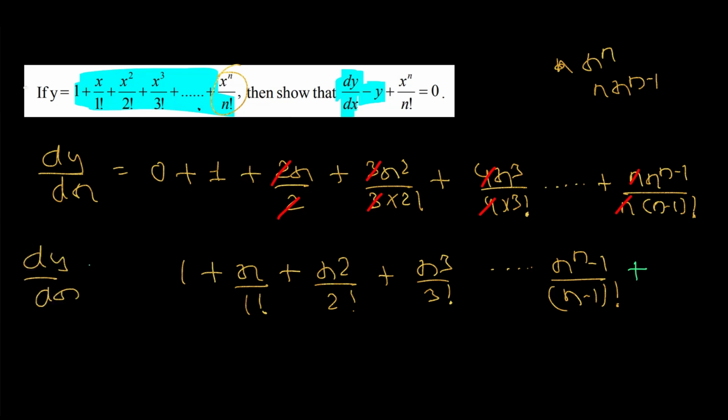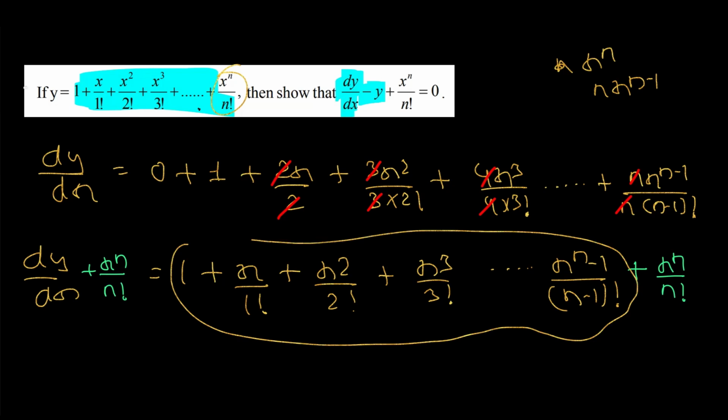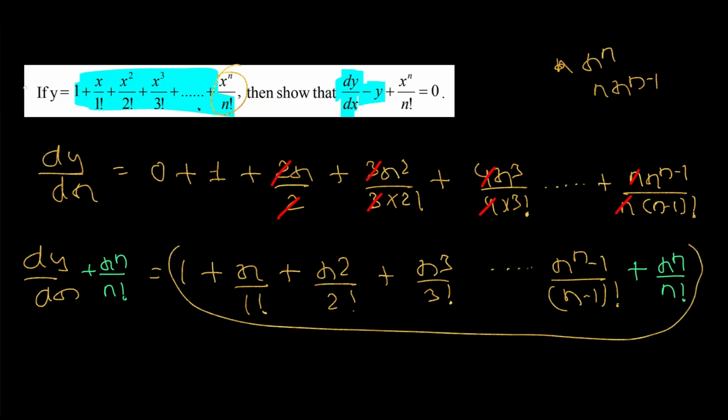On the left hand side, I'm adding x raised to the power n over n factorial, and so I'm doing on the right hand side, x raised to the power n over n factorial. This we are doing to obtain this whole as y.